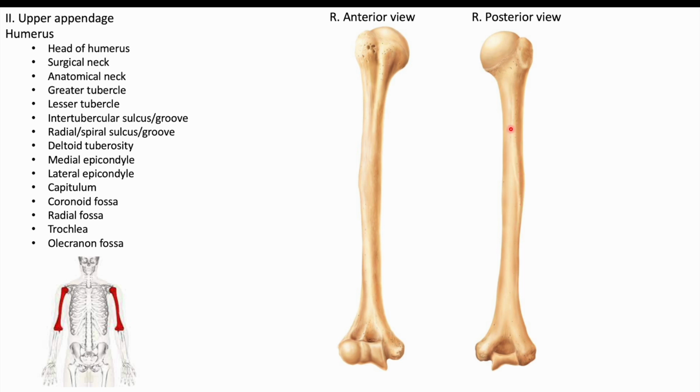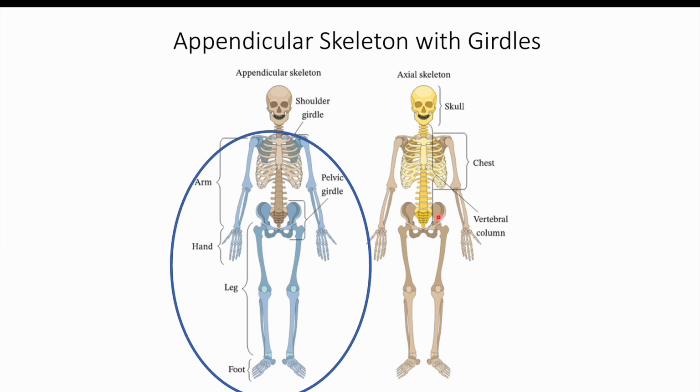Okay, so the radial nerve actually runs through here. So anytime you have a spiral fracture, this can actually injure the radial nerve, which is the nerve that sends signal to your thumb. So that is only found in the back portion in the posterior view. So this is the radial groove, also known as the radial sulcus. It's also known as the spiral sulcus or the spiral groove.